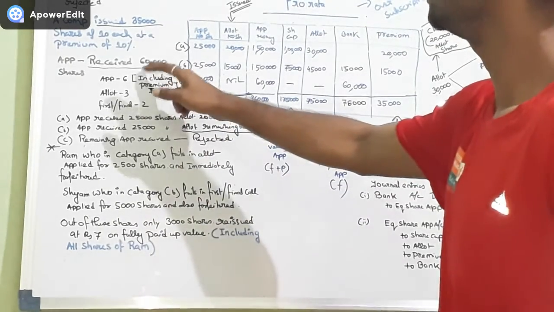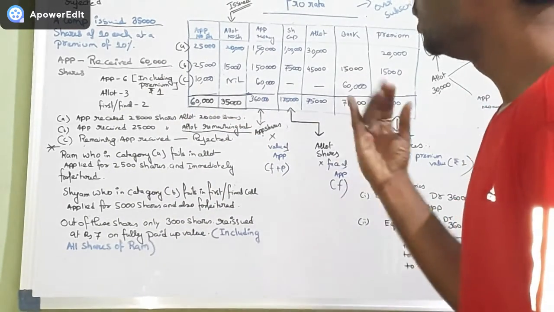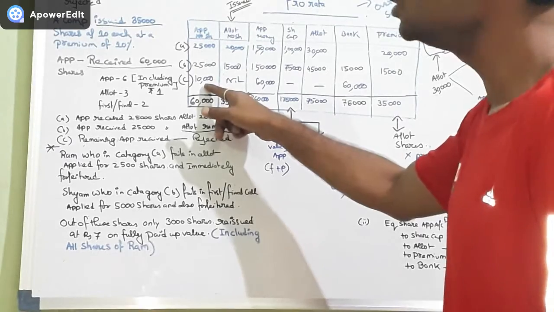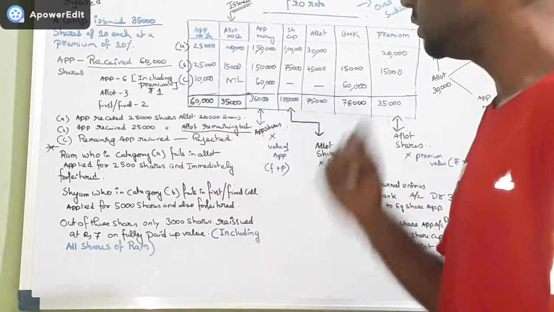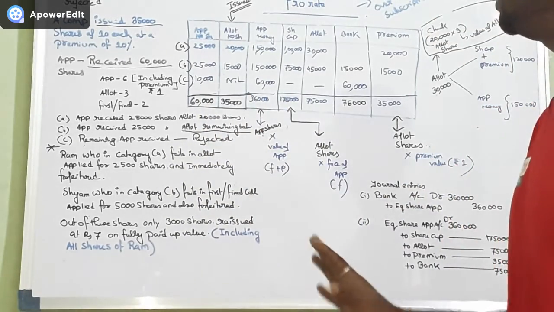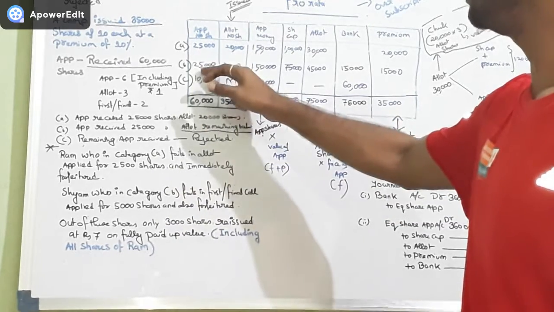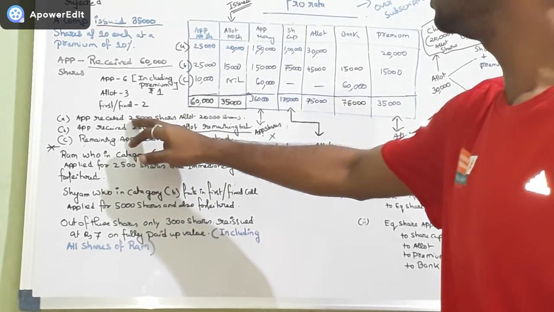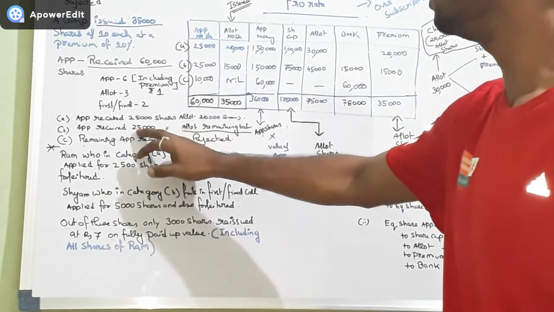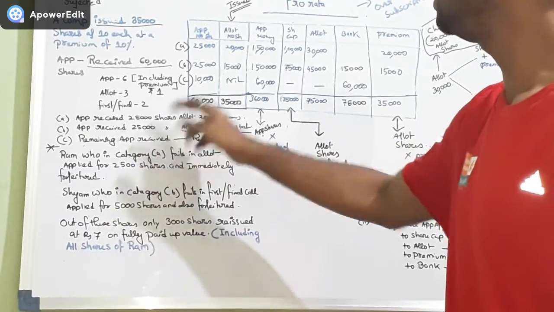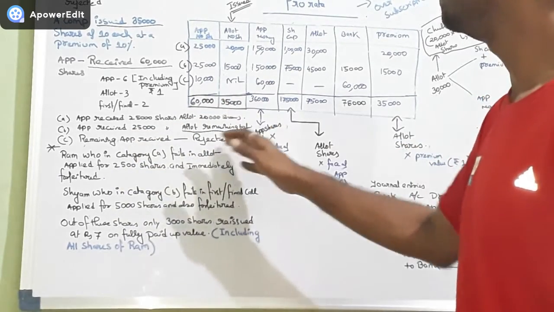But how much application have I received? 60,000. So the remaining 10,000 is being rejected. So here, for case A application received 25,000, for case B 25,000, so the remaining 10,000 shares are being rejected.